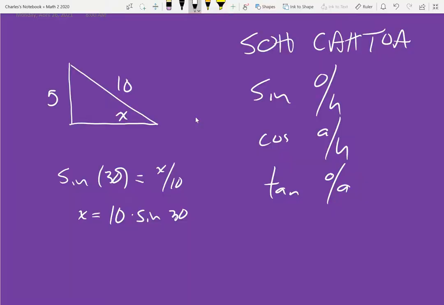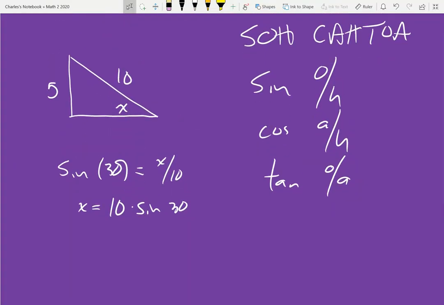So if I have a question that's like this, now I would want to say x is equal to, or if you want to see the whole thing, how the algebra works, sine of x is equal to 5 over 10.